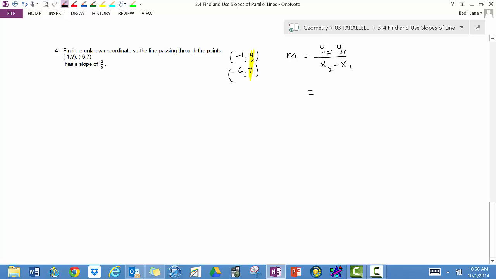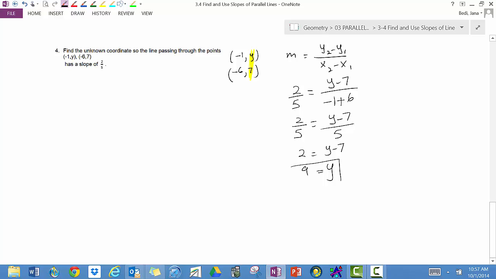So I get y minus 7 over negative 1 minus negative 6, that's plus 6, and then I'm given that the slope is 2 over 5, so I plug that in. Now all I have to do is solve. 2 over 5 equals y minus 7 over 5, and then you get 2 equals y minus 7, so y is equal to 9, and that's your answer.